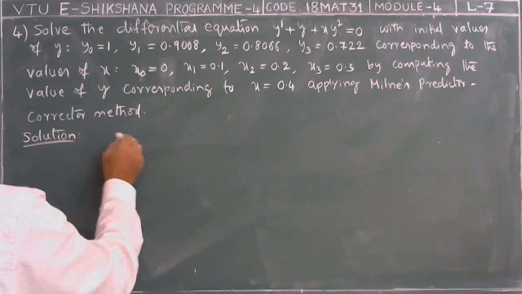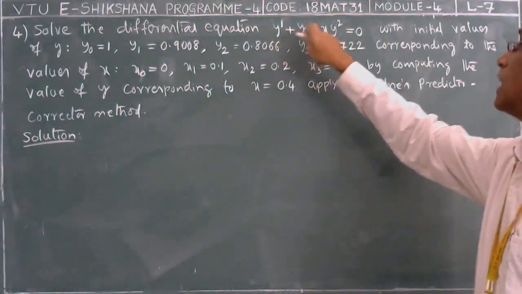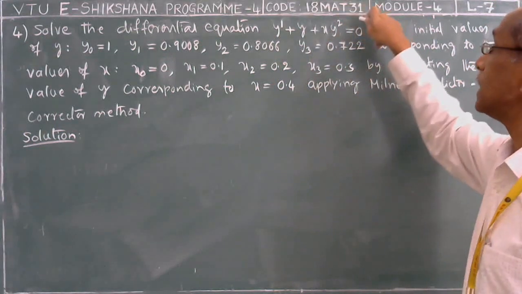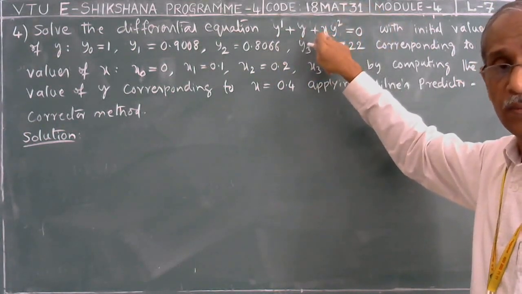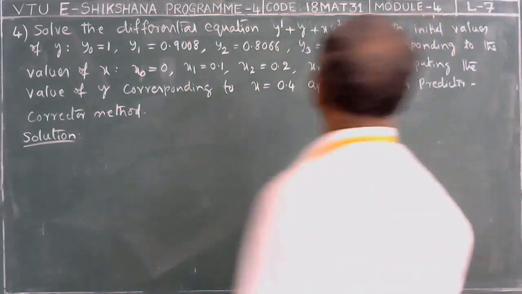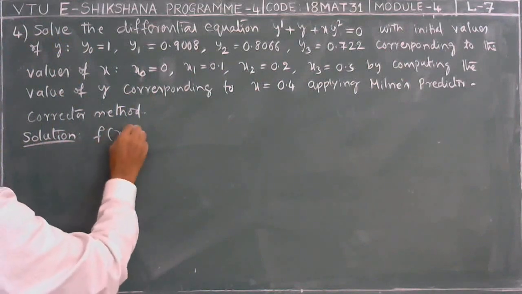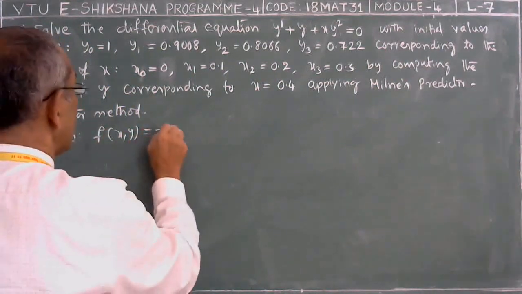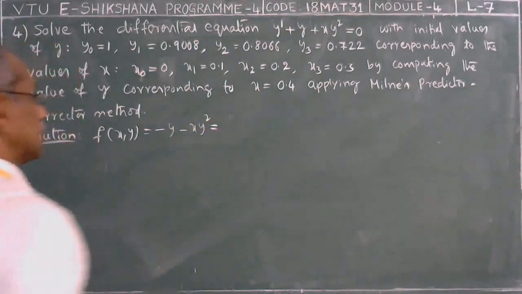So f of x comma y, you have to calculate it. Y dash is equal to minus y minus x into y square, or minus of y into 1 plus xy. So f of x y is minus y minus x into y square, right?